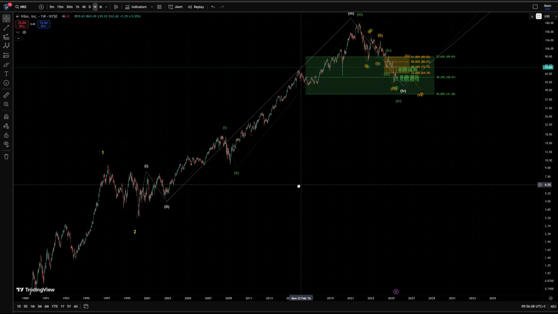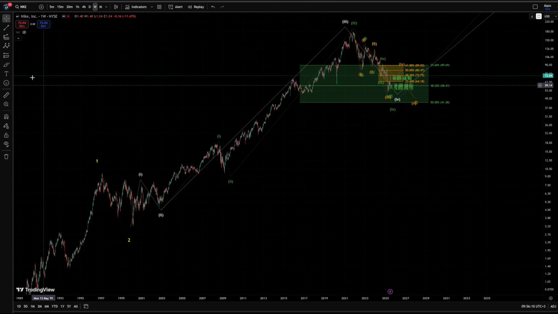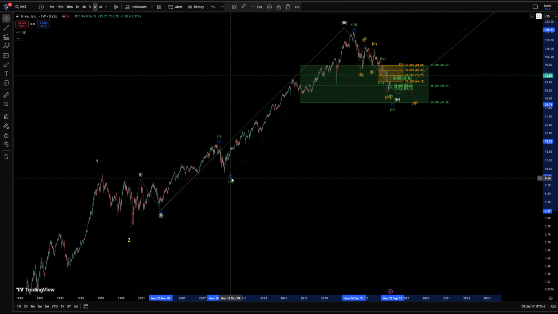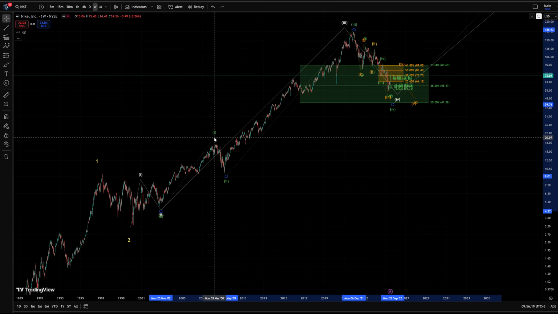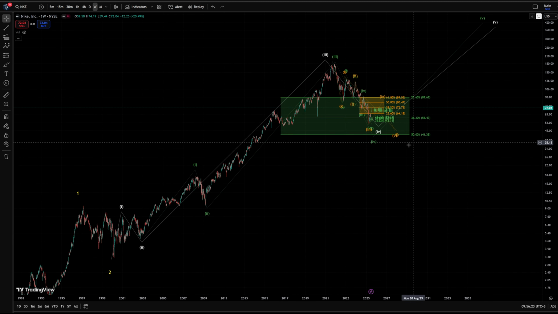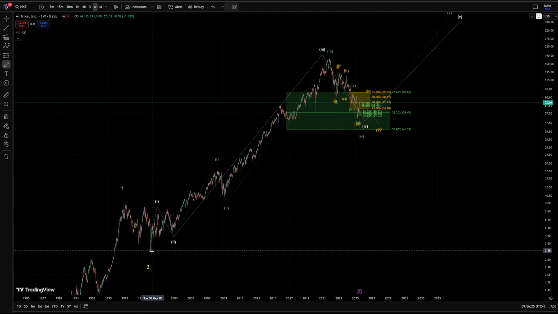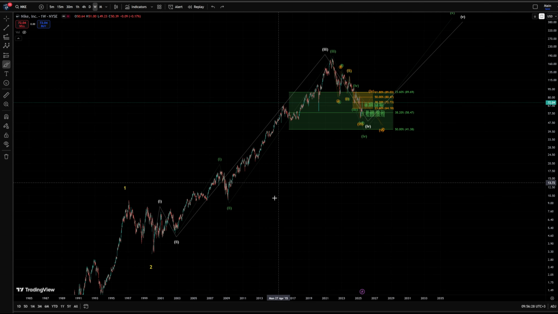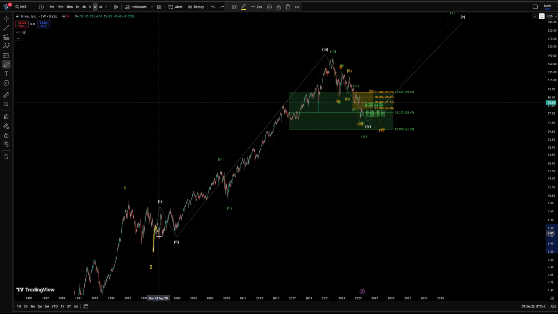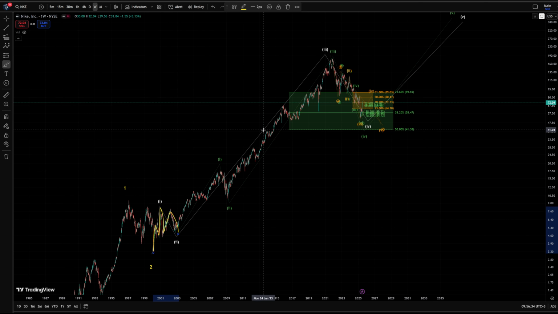Now in this third wave to the upside, we have two scenarios that are on the chart, being the white and the green scenario. They are slightly different, but one issue with this movement to the upside is that it can be counted in very many ways, especially due to this movement in this area.